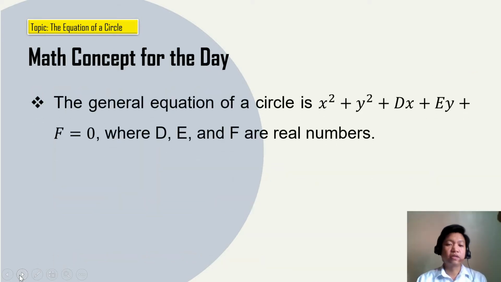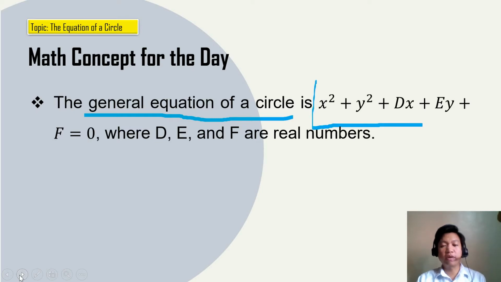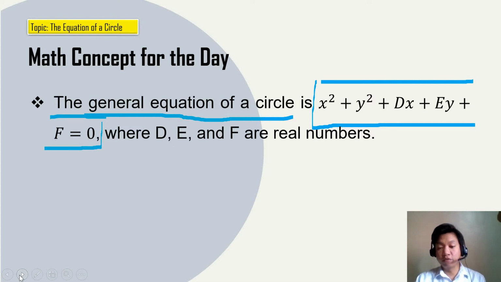Okay, next. Now, so we're done with the standard form of a circle. Now, let's proceed to the general equation of a circle. So this is written as x squared plus y squared plus Dx plus Ey plus F is equal to 0. So this will be our equation in the general form. Okay?